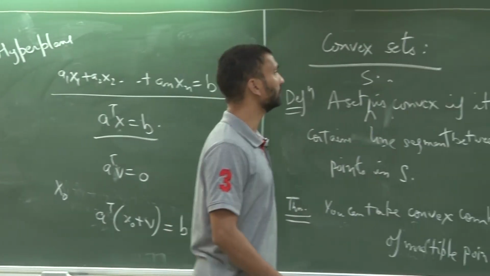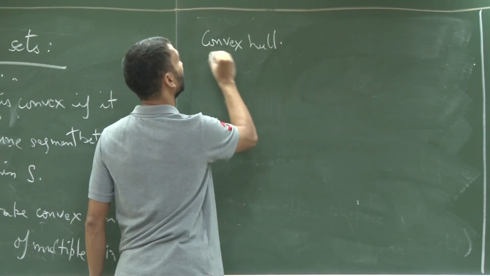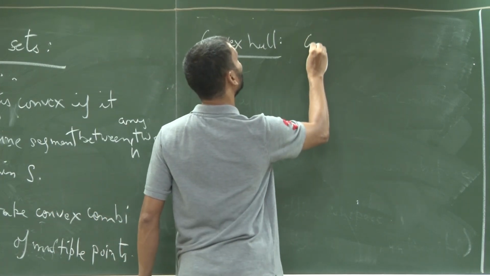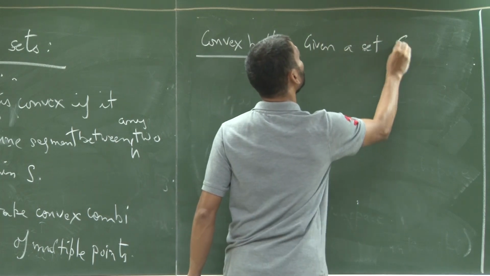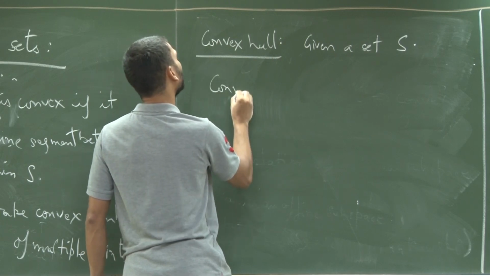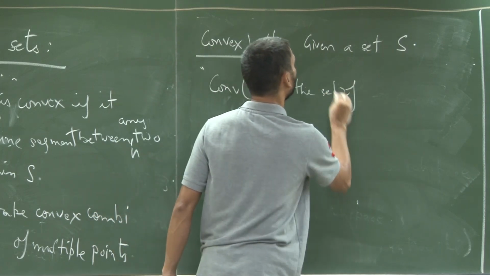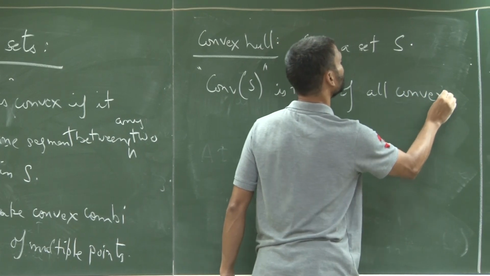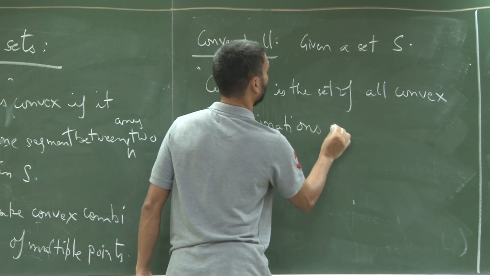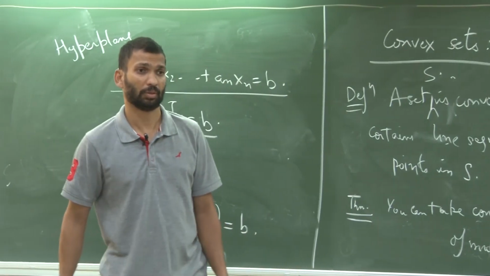But once we define this, another important thing is what we call the convex hull. Given a set S, the convex hull of S, this is the notation, is the set of all convex combinations of S. Okay.